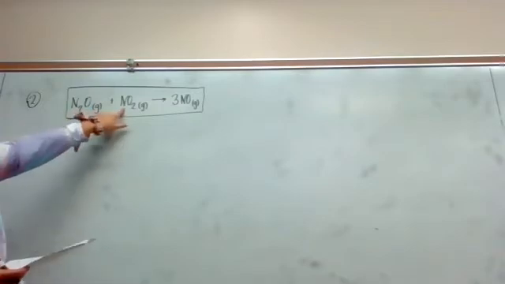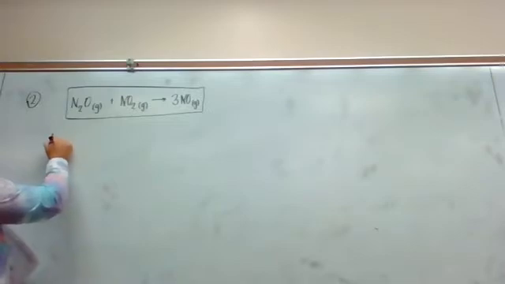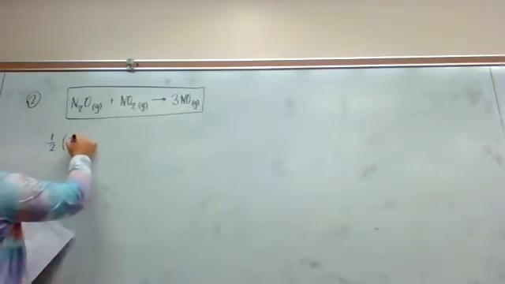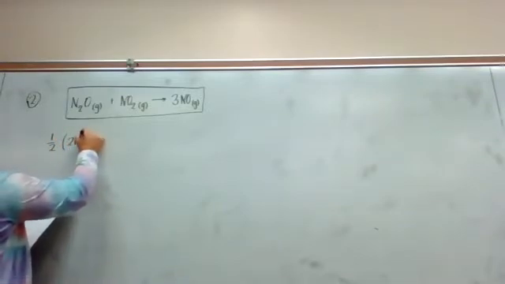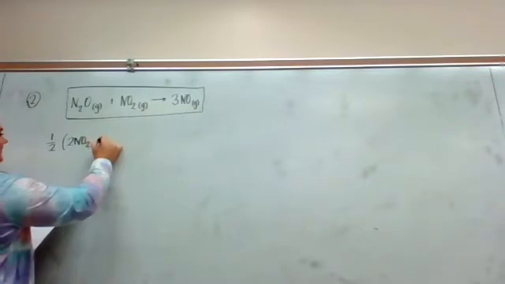Then I only need one NO2. That top equation is the only equation that has an NO2 in it. So when I reverse it, I also need to multiply it by 1/2. So let's reverse it and multiply it by 1/2.